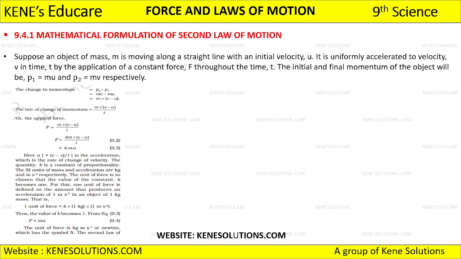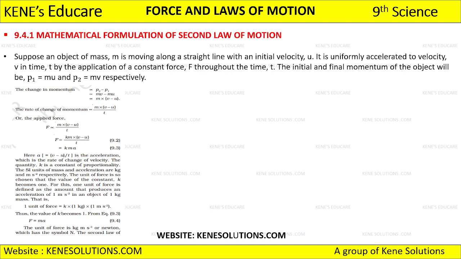So the unit of force is so chosen that the value of constant k becomes 1. Now we have to choose the unit of force such that the value of the constant should be 1. So for this, 1 unit of force is defined as, now this is an important definition, the amount that produces an acceleration of 1 meter per second square in an object of 1 kg mass.